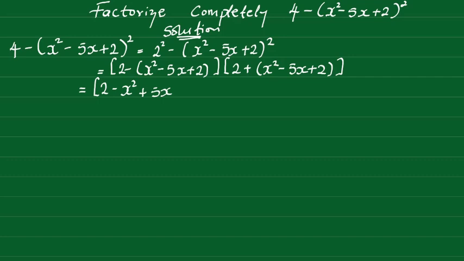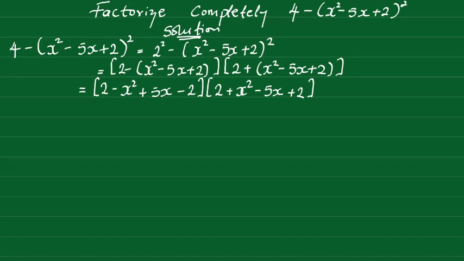Minus times plus 2 gives us minus 2. Close our bracket. Open a second bracket, write 2. Now plus times x squared gives us plus x squared, plus times minus 5x gives us minus 5x, plus times plus 2 gives us plus 2.